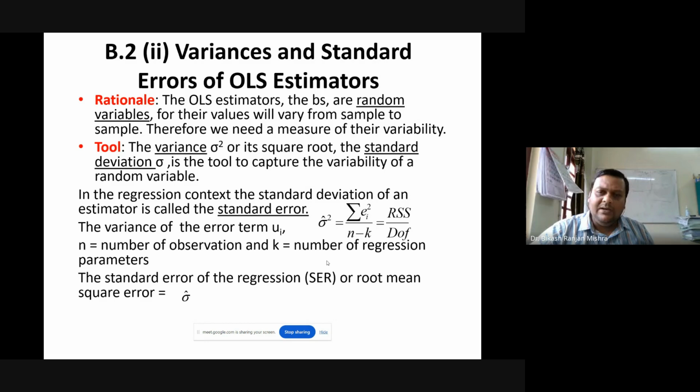If you have 30 or more, then majorly the degrees of freedom problem and the standard error component can be easily sorted out. The lower the standard error, the better the result. So this depends on the sample size and the number of parameters, and the number of parameters depends on how many independent variables you are taking into your analysis.